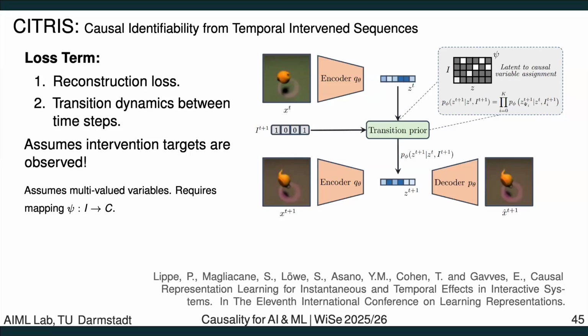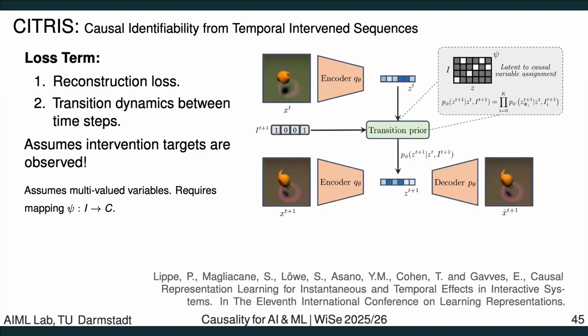And the idea here really is to leverage that temporal structure, which tells us, okay, if I am at some time step t-1, I take my encoder to get a latent vector, and then I have some sort of function, some transition prior, which tells me, in combination with the agent action, how should my latent vector change to the next time step?